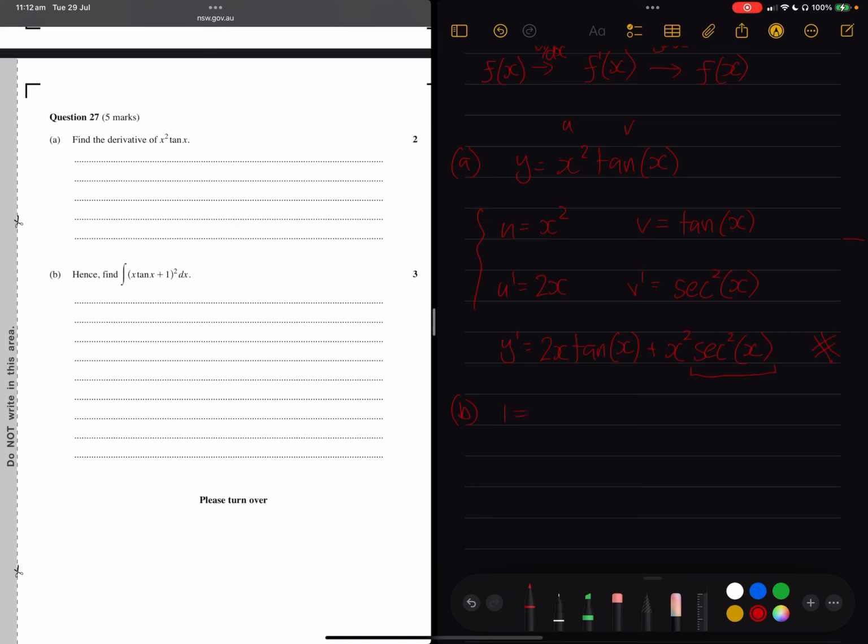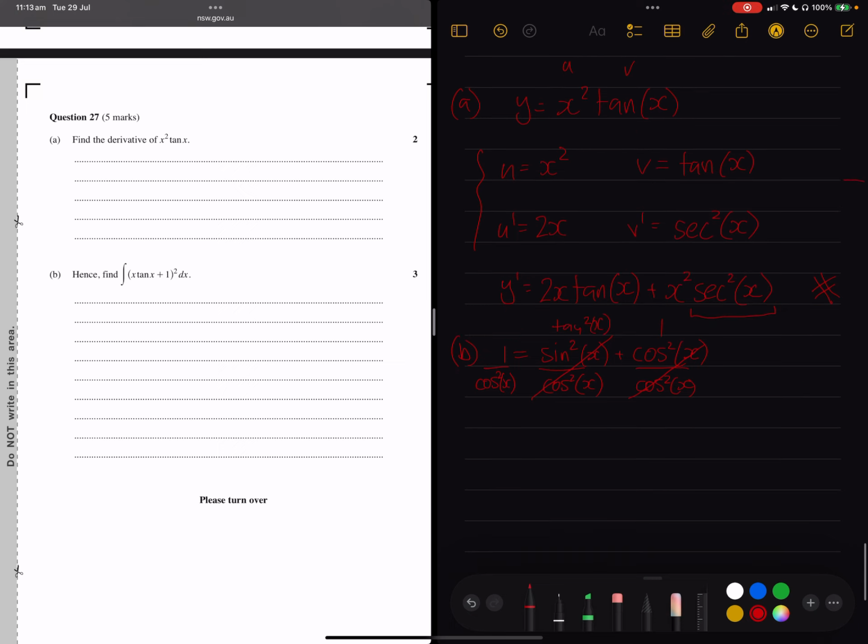We know 1 is sine squared x plus cosine squared x, triangle identity. Secant squared is 1 divided by cosine squared. So divide everything by cosine squared x. This term becomes a 1. This term becomes a tan squared x. And the first term becomes secant squared.